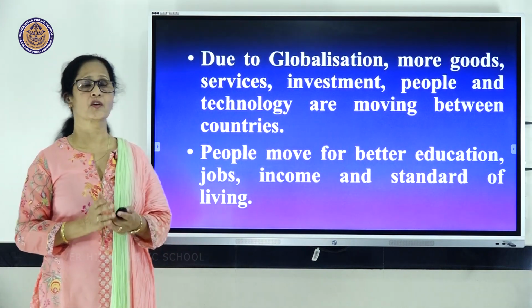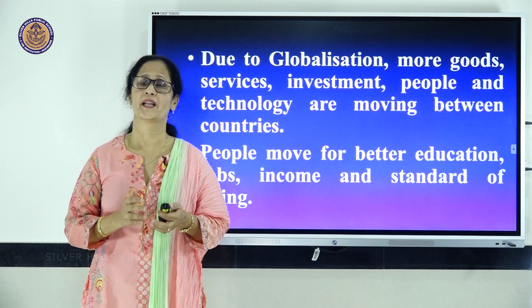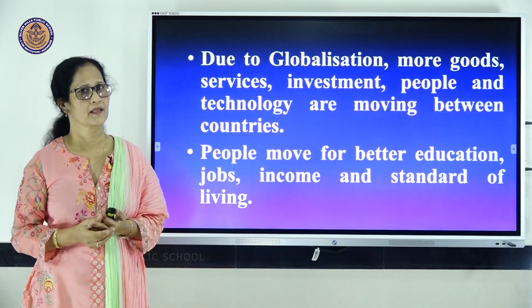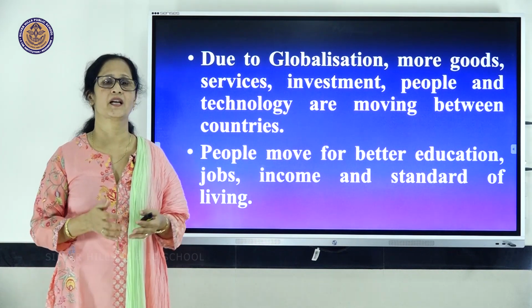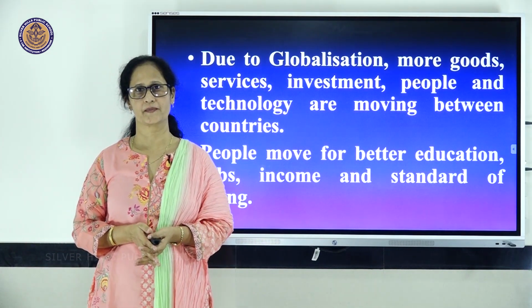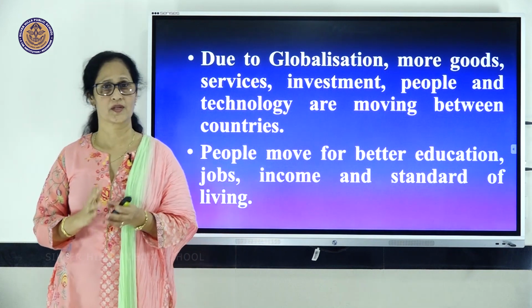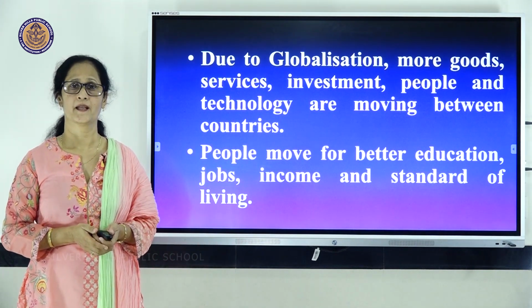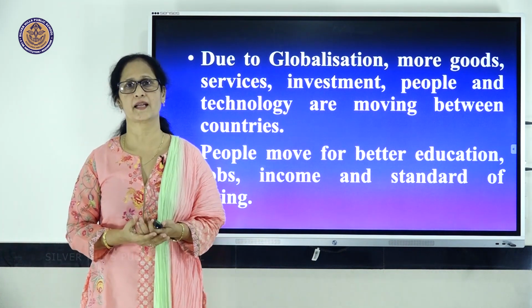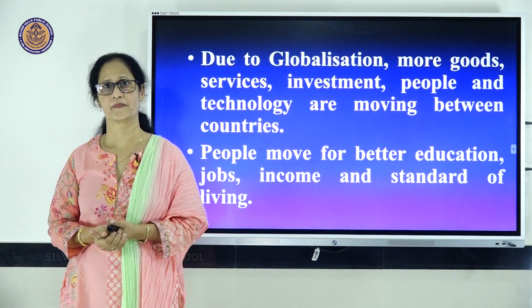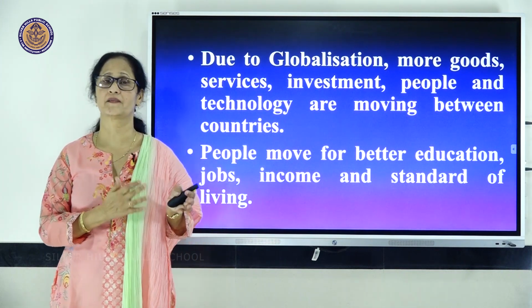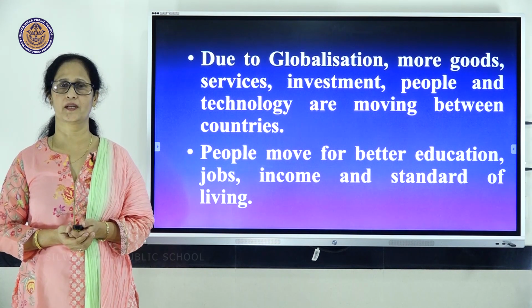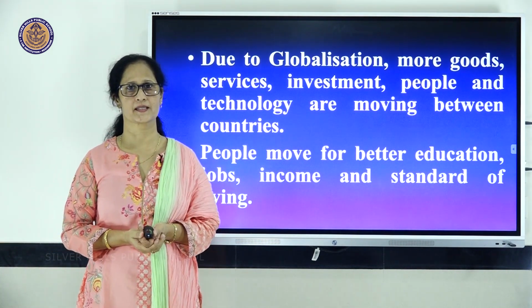Now, because of globalization, many items like goods, services, investment and technology are moving between countries. More and more goods and services are exported and imported. The MNCs are increasing their foreign investment, and the technology developed in one part of the world is available to the other corner of the world within a matter of days.